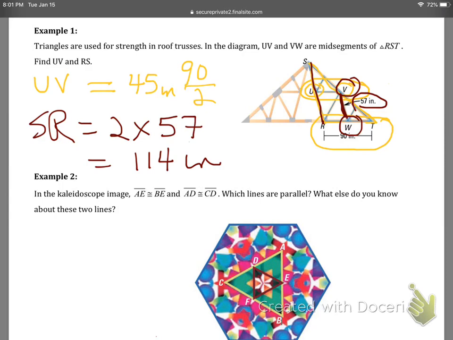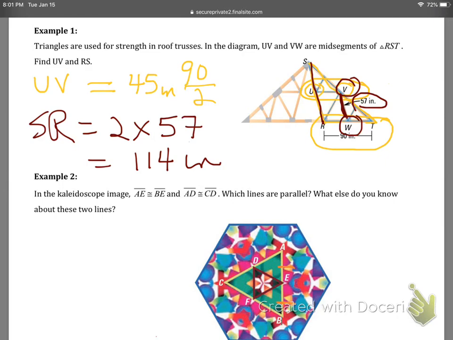Okay, now look at example 2. I'm going to do a brighter color so that you can see it against this kaleidoscope. In the kaleidoscope image, AE is congruent to BE. So let's see. AE is right here. That is congruent to BE.